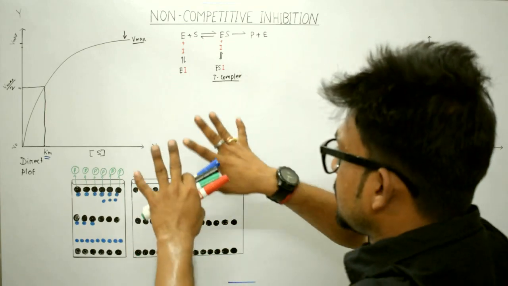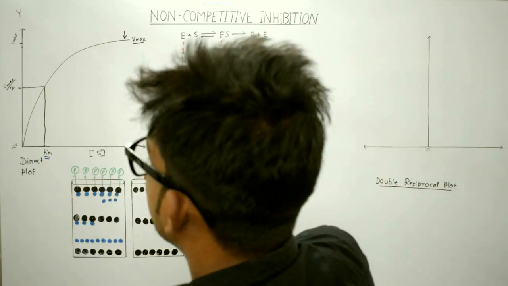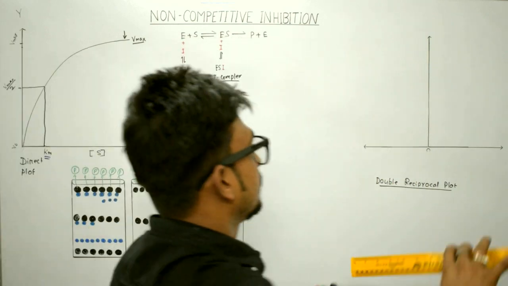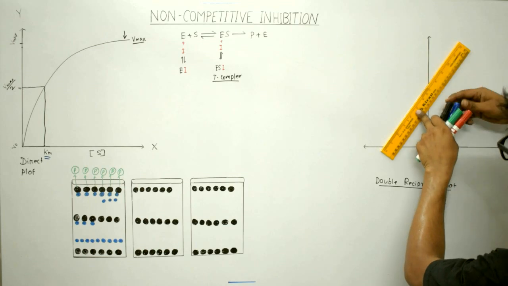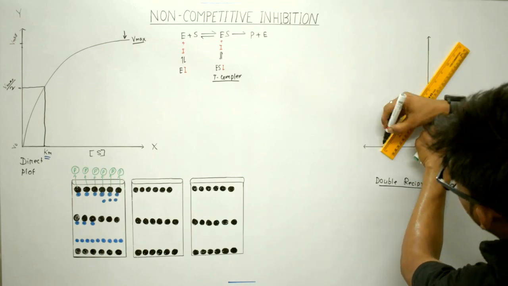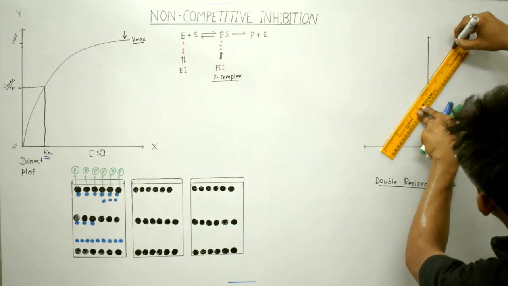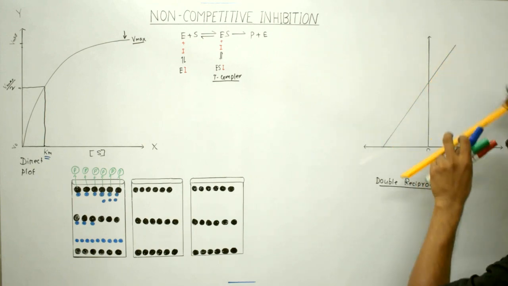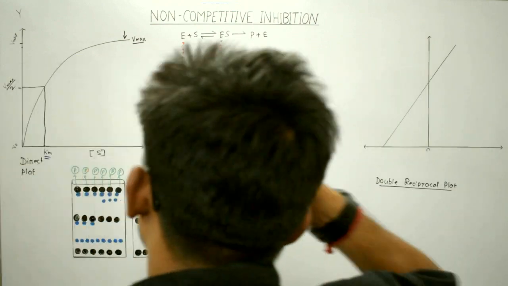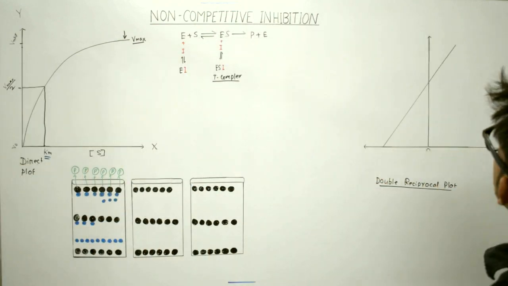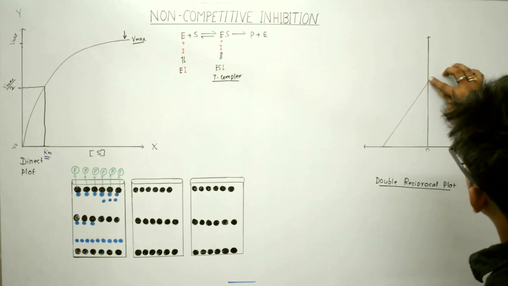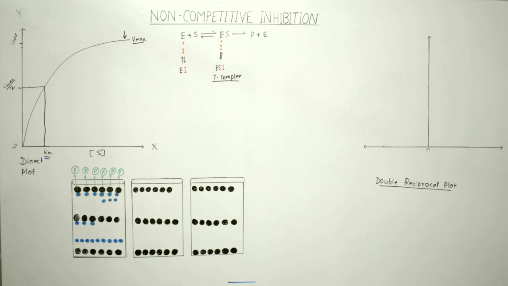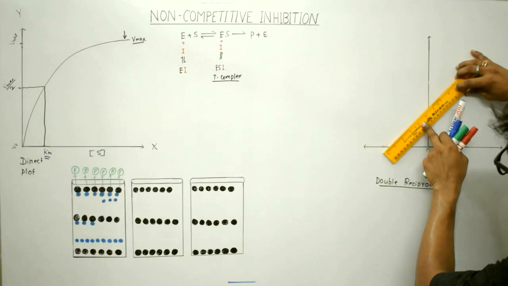Now if we want to depict the same thing with another plot, then we can see such kind of line. Let me draw it a little bit from below, otherwise we cannot draw another line.